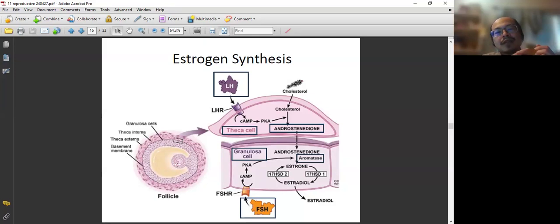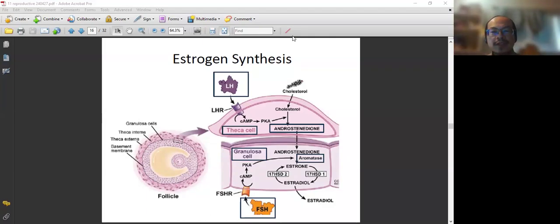These are the granulosa cells. Now, further around, we have the surrounding cells. That's theca cells. So there are three groups of cells.